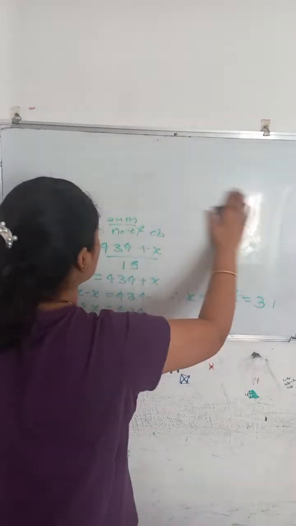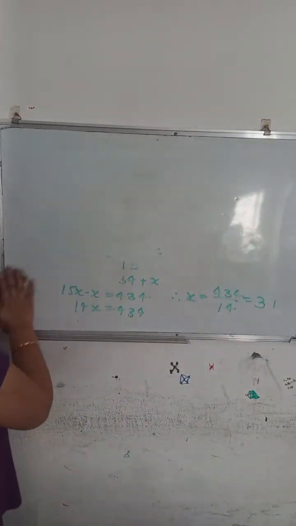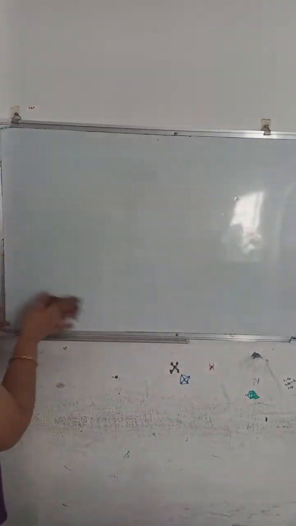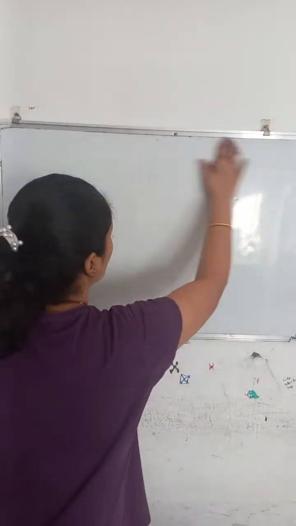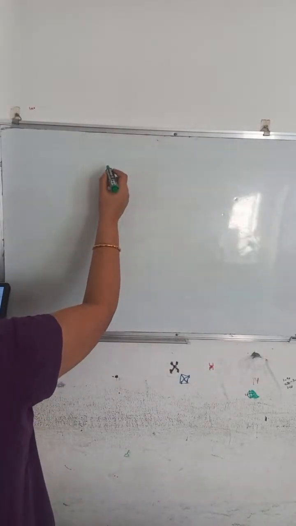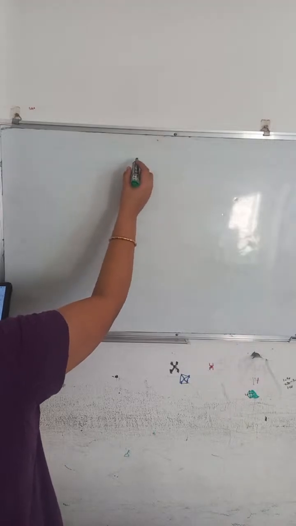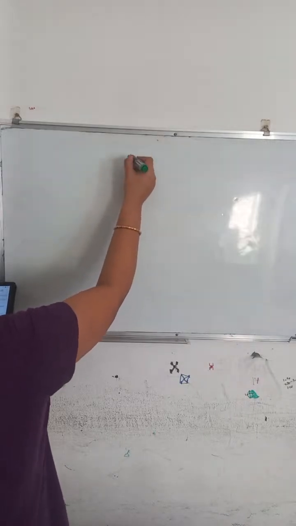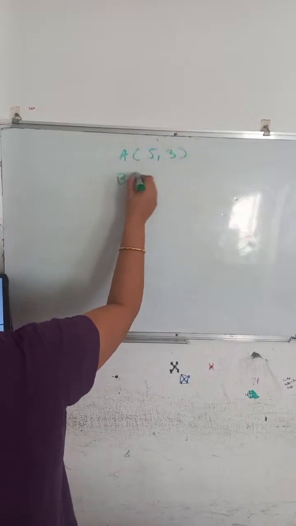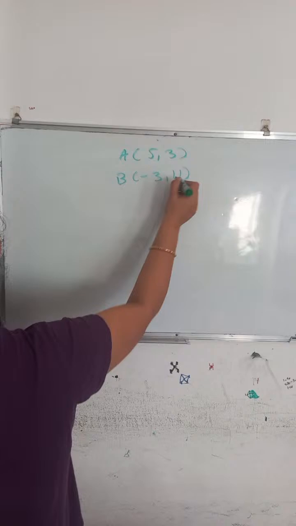Don't make mistakes in maths assertion and reasoning, because everything is given clearly and every day we practiced it also. So don't take a chance to make a mistake in reasoning and assertion as far as the math subject is concerned. So here the assertion is the ratio in which the line segment joining A is nothing but 5, 3 and B is nothing but -3, 11.